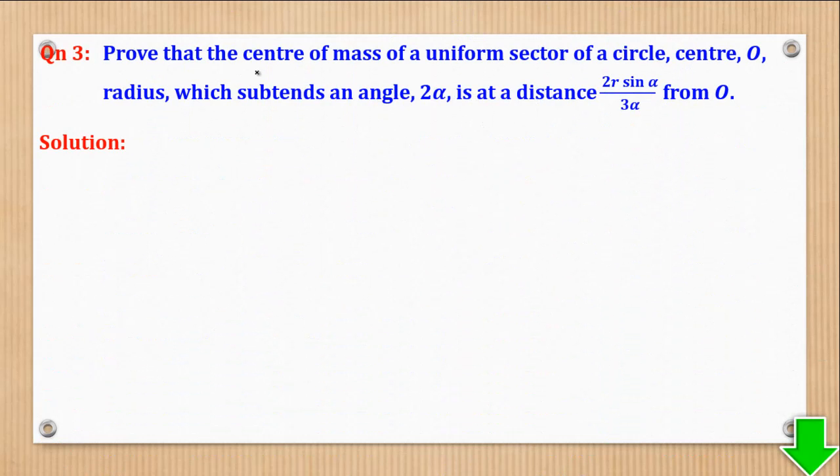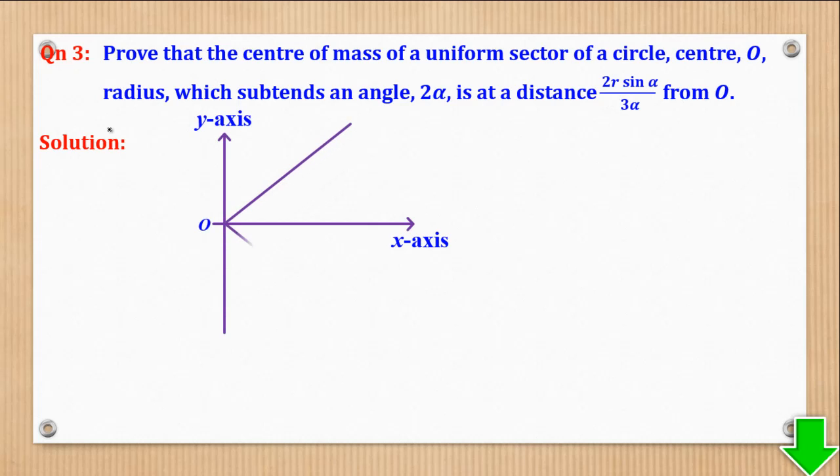Question 3. Prove that the center of mass of a uniform sector of a circle, center O, radius, I think radius should have been r, radius r, which subtends an angle 2 alpha at the center, is at a distance this from O. So you come and make a sketch.